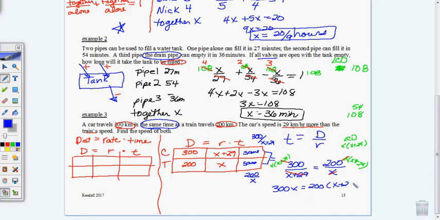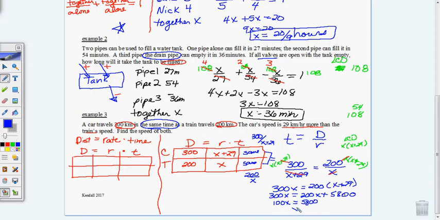So finishing this problem out, 300x would equal 200x plus, oh, we got to do some multiplying here. 200 times 29 is 5,800. So 100x would equal 5,800.